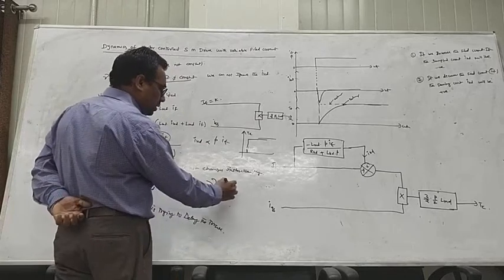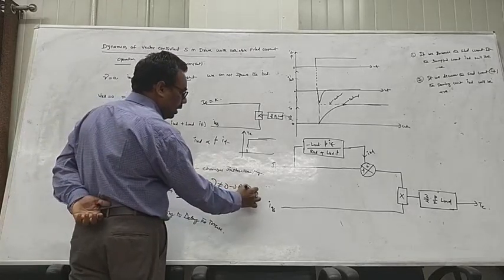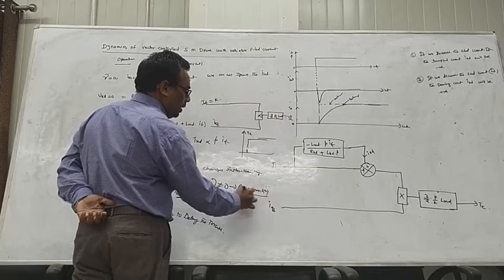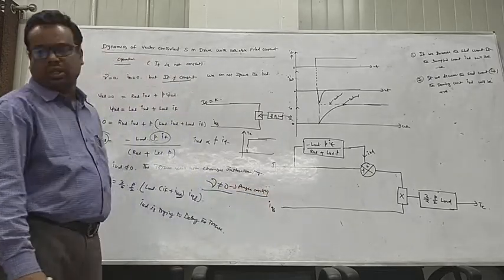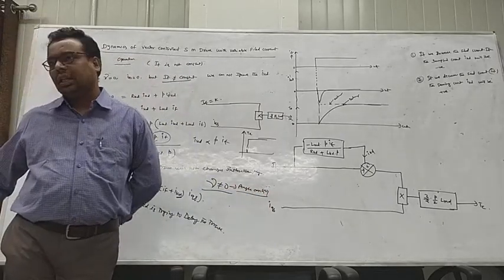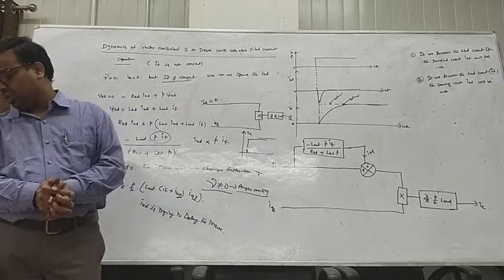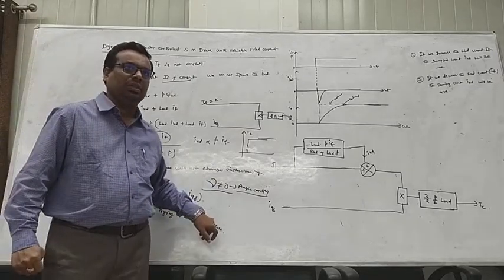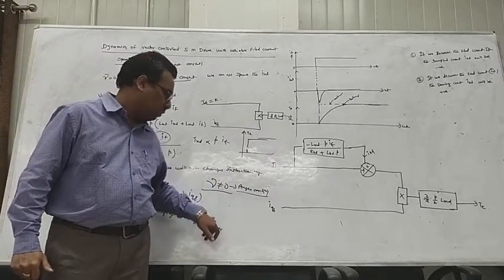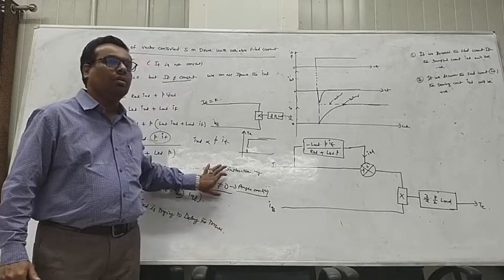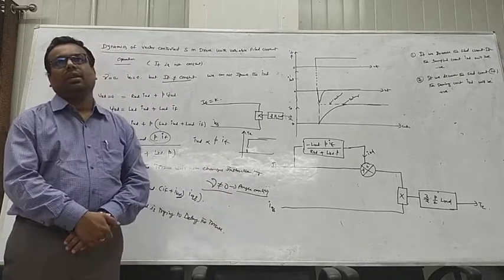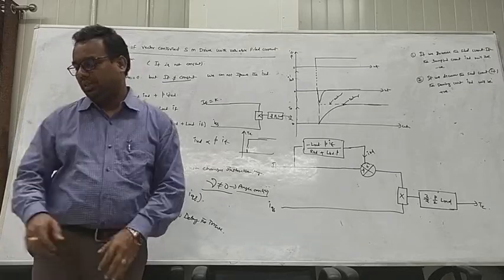If gamma is not equal to 0, then it is angle control, so we will discuss the dynamics of synchronous motor with angle control. Thank you.